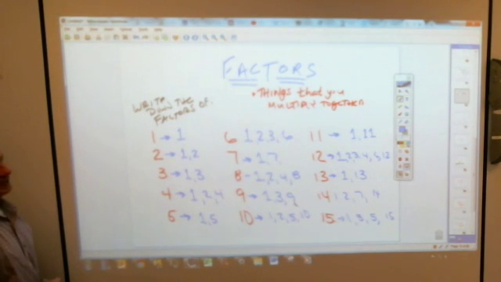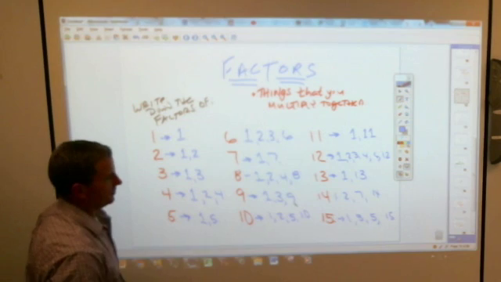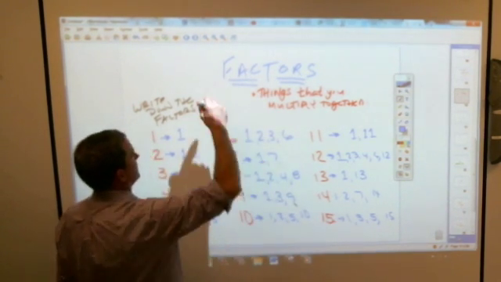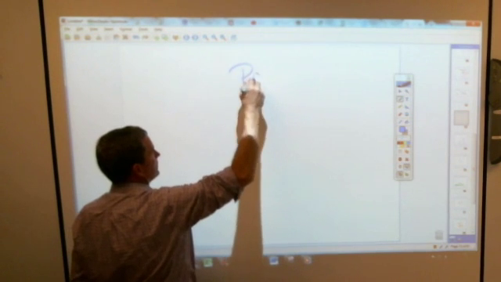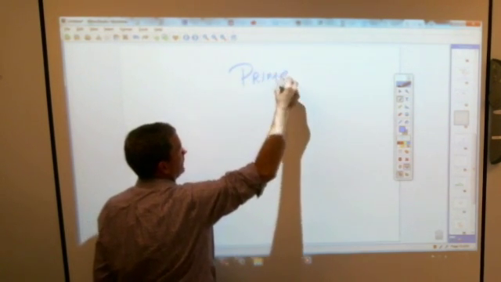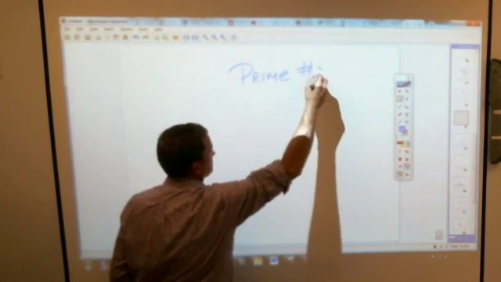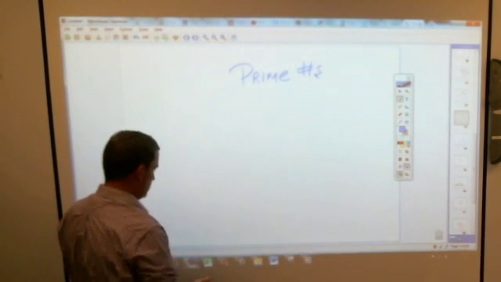Now, the reason why we did factors is because we need a blank piece of paper. This next note is called prime numbers.